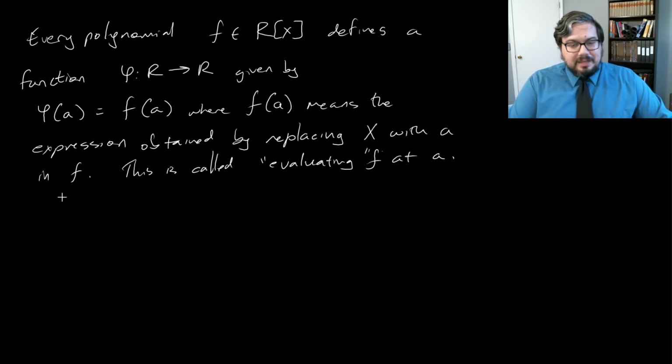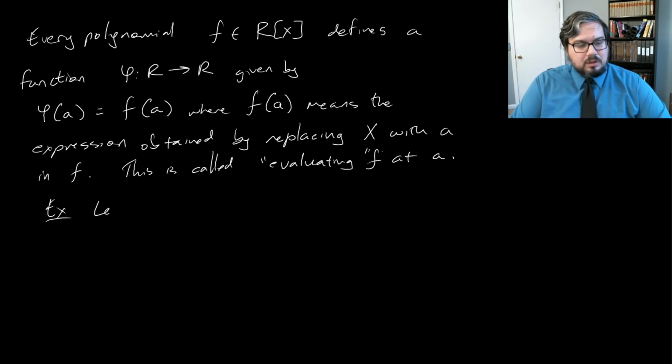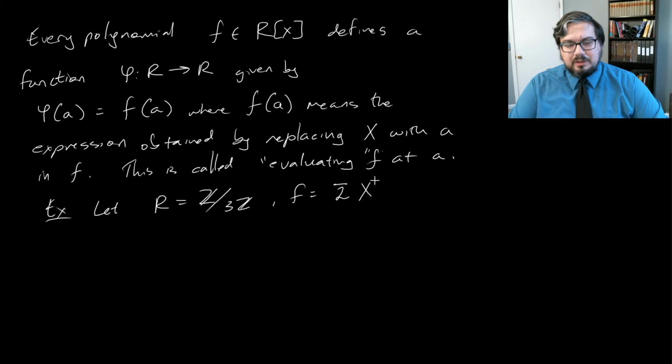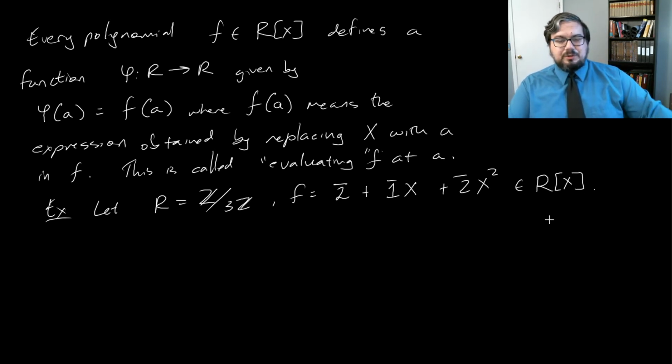So we can take, for instance, the following polynomial, and build a function out of it. Let's let R be the ring Z mod 3Z, and let's let f be the polynomial 2 bar plus 1 bar x plus 2 bar x squared, which belongs to R[x].